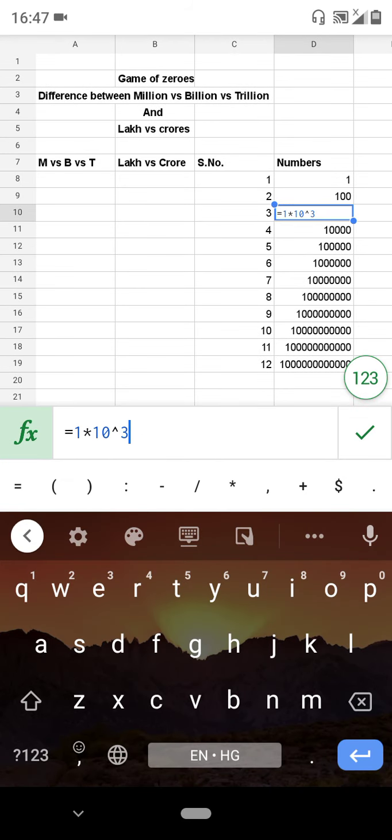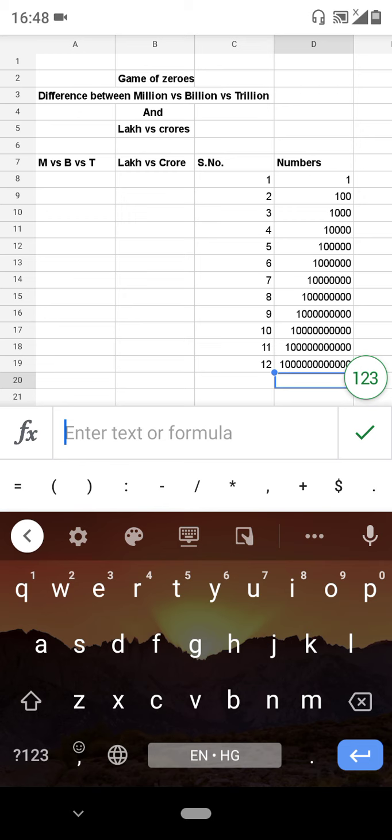And then 10 to the power 3, 10 to the power 4 in serial number 4, 10 to the power 5 in serial number 5, 10 to the power 6 in serial number 6, 10 to the power 7, 10 to the power 8, 10 to the power 9, 10 to the power 10, 10 to the power 11, and then 10 to the power 12, right? So we have 12 serial numbers with up to 12 zeros.